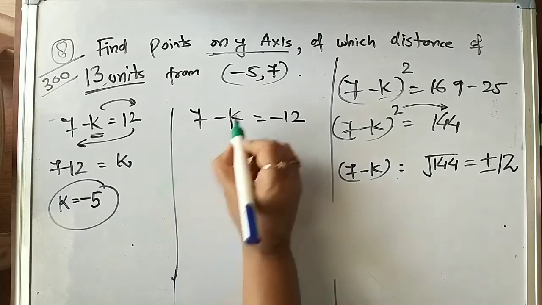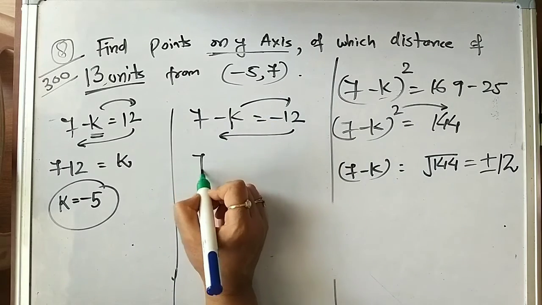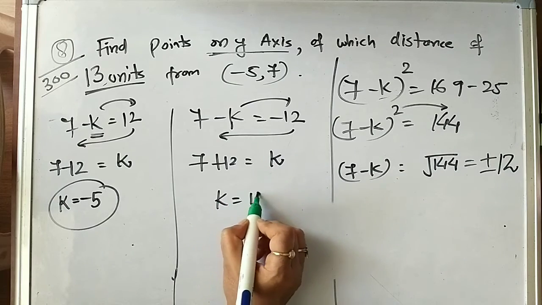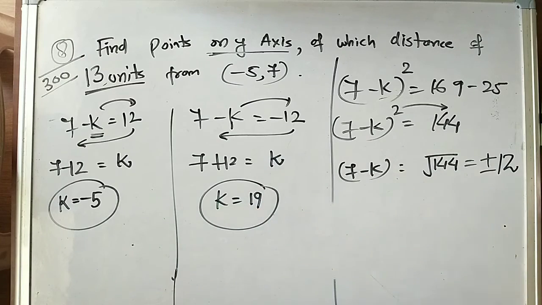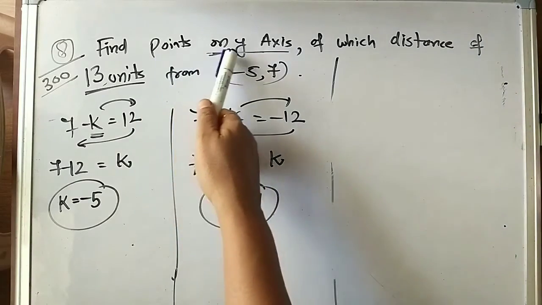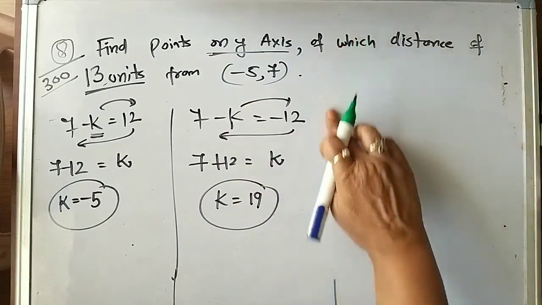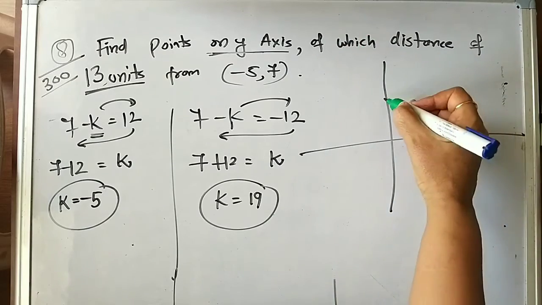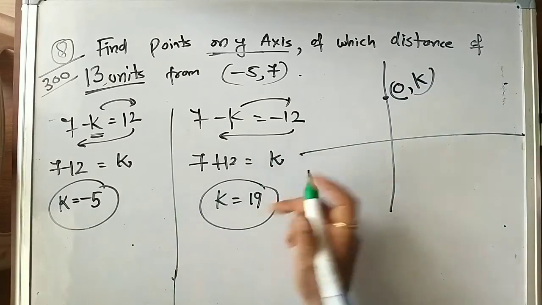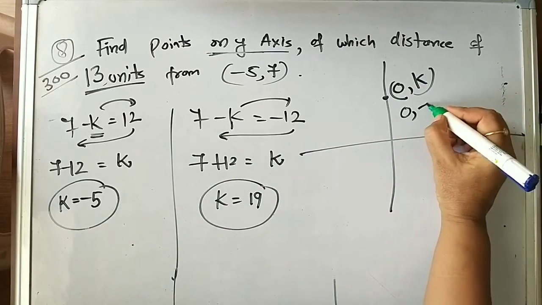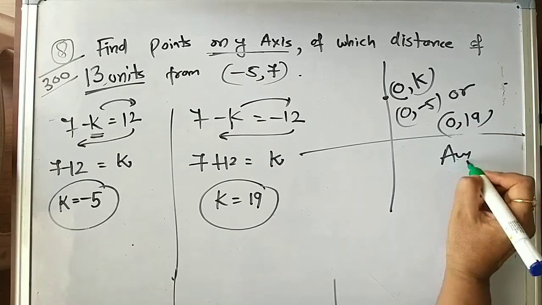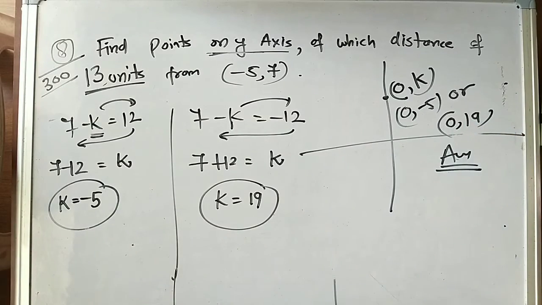And for 7 minus k equal to minus 12, k is 7 plus 12, so k is 19. The question was to find the point on the y-axis. On the y-axis, my point was (0, k). So the possible points are (0, minus 5) or (0, 19). This is my final answer.